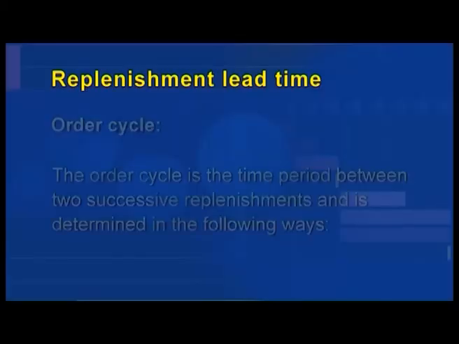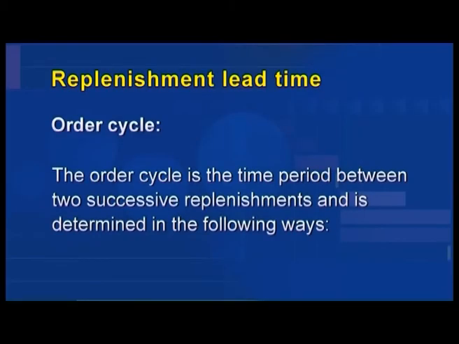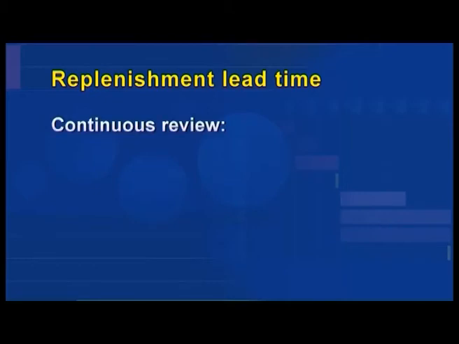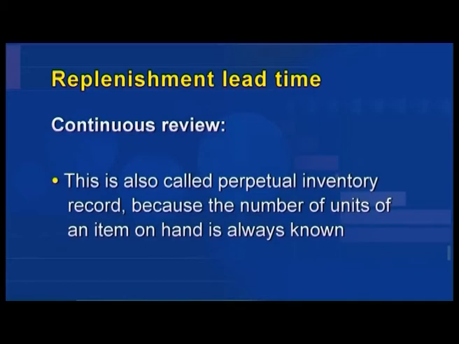Replenishment lead time, order cycle. The order cycle is the time period between two successive replenishments and is determined in the following ways. Continuous review. This is also called perpetual inventory record because the number of units of an item on hand is always known.